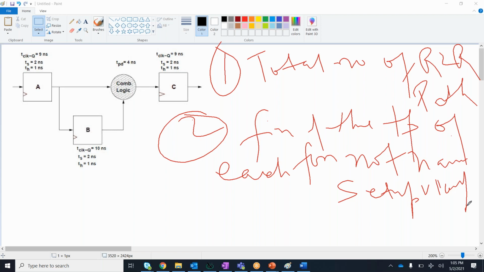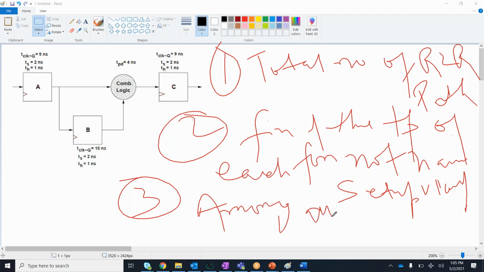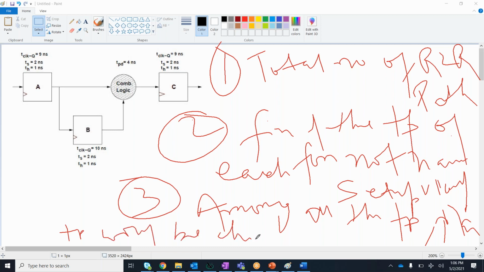Correct? For each individual path, I have to find the time period. Among all the time periods, the maximum time period will be chosen to calculate the maximum frequency.